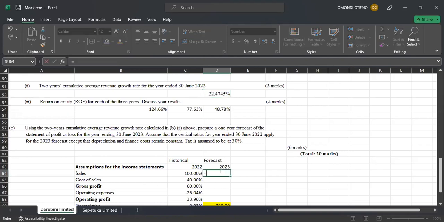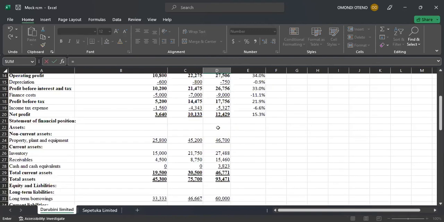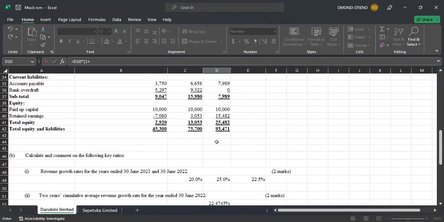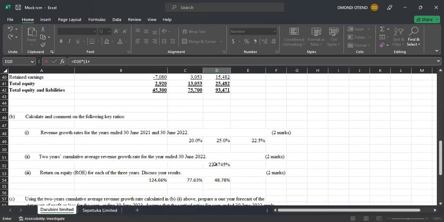So it means our new sales value for 2023 will be the value for 2022. We multiply by the percentage increase, which we have said for us to get the new figure, it is 1 plus that increase. And the percentage increase we have been given, this one here.